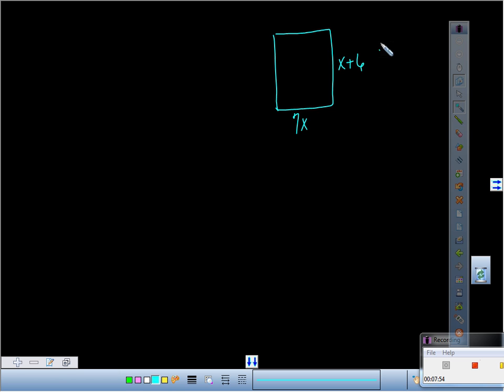I'm going to tell you that the area of this thing is 112 square meters. I want you to find x.